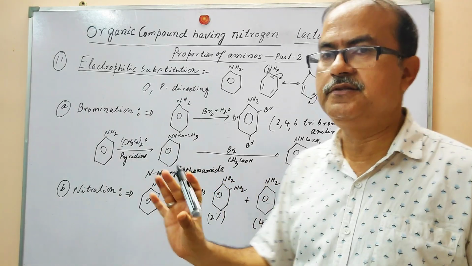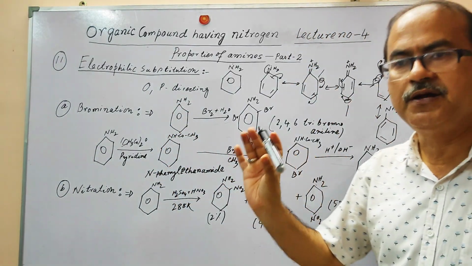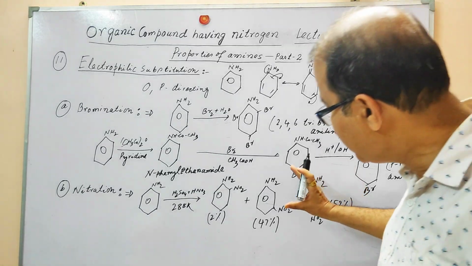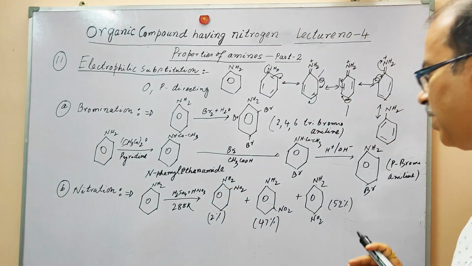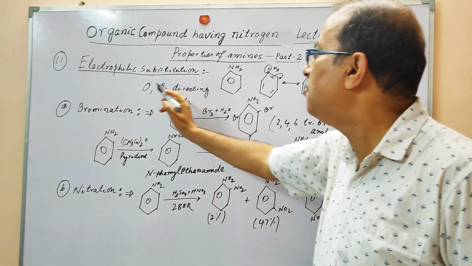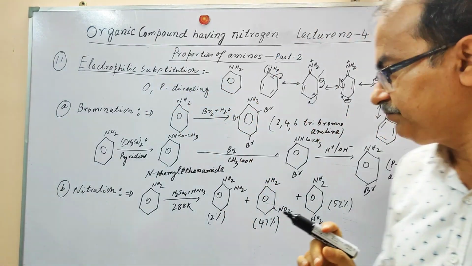So a big question arises, which has sometimes been asked in exams: why is there meta-nitroaniline? What is the reason behind it? Because the amino group is ortho and para directing.